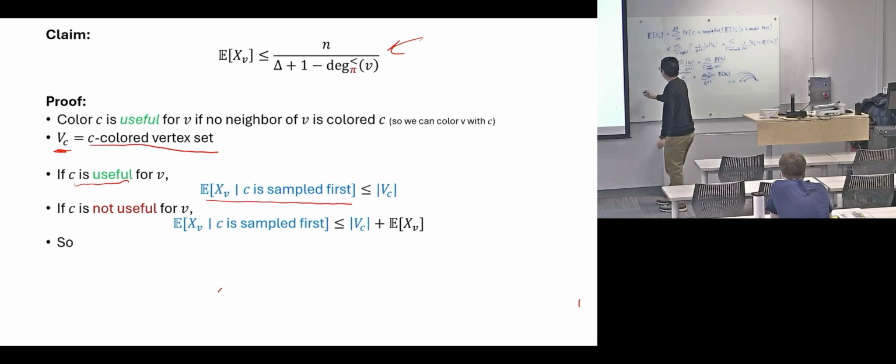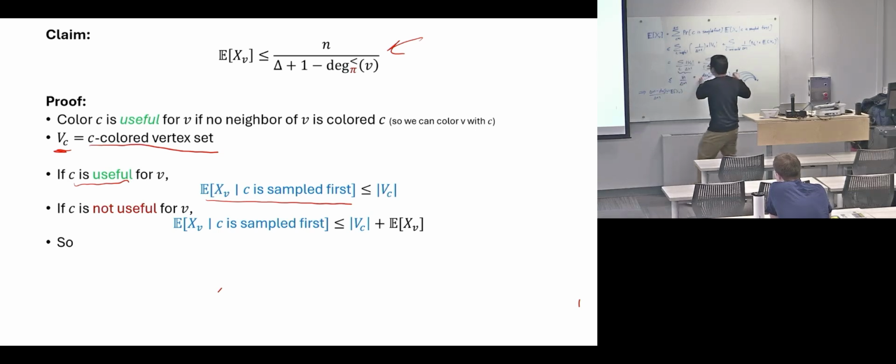From here you get delta plus 1 minus this thing. I move this to minus this, and this is at most.